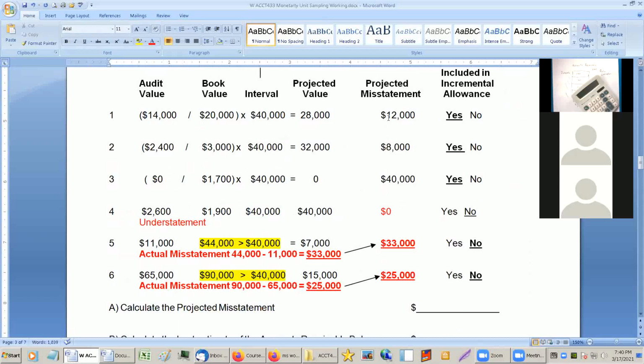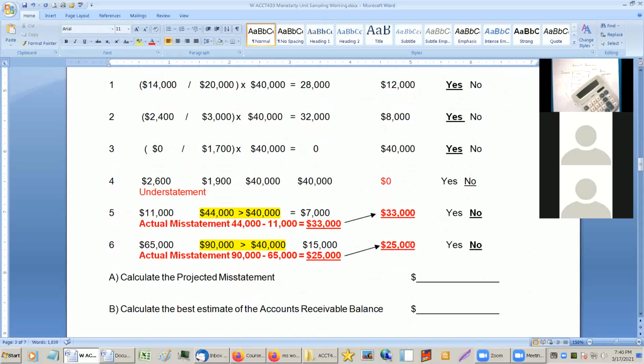So we add up the projected misstatement, whatever this comes out to. Better use a calculator.